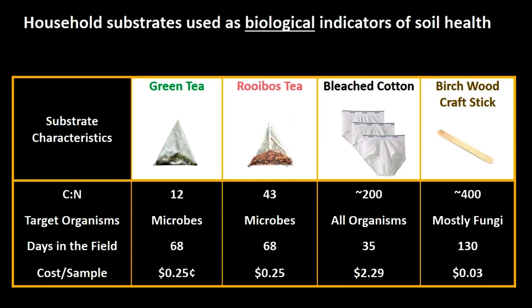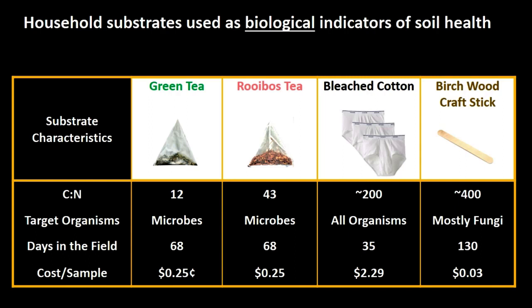It shows the carbon to nitrogen ratio of all these materials, and the target organisms. So these are mostly microbes because soil fauna, mesofauna can't fit inside the mesh holes in the tea. Whereas the cotton incorporates all organisms, including those shredders. And then the birch craftwood sticks, mostly fungi, because there's a large concentration of lignin in those sticks that needs to be broken down by mostly fungi.